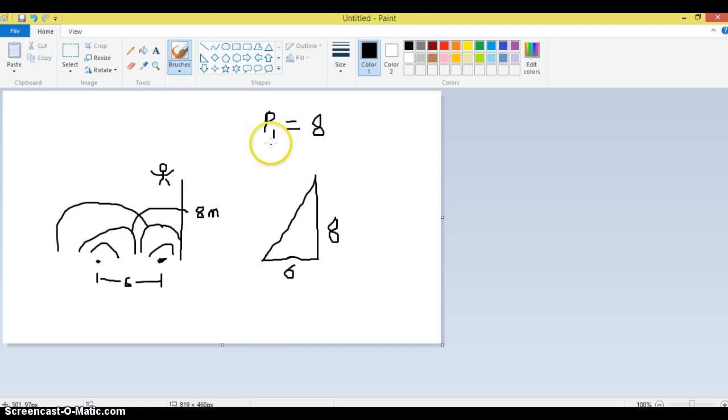And then path 2, we can calculate using just simple geometry. We know that for a right triangle, a squared plus b squared equals c squared. And so what we can do is take the square root of 6 squared plus 8 squared, right?